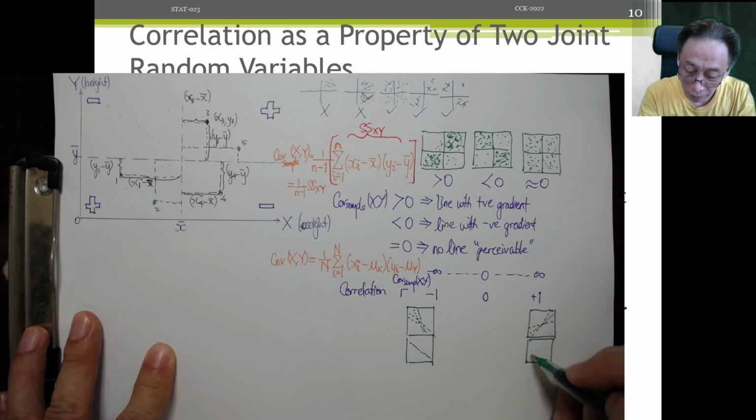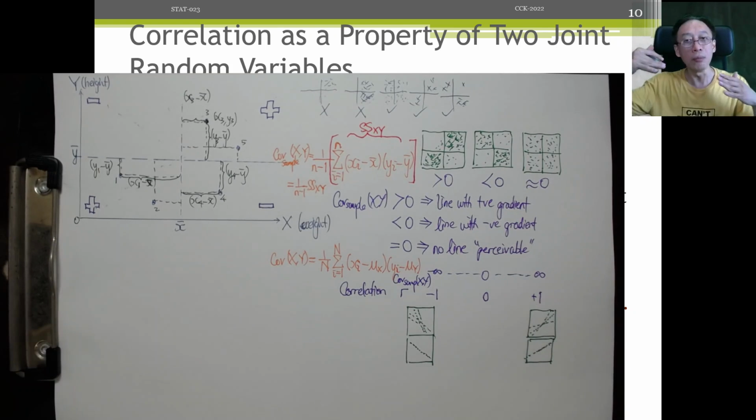It is on this gradient, so they are all perfectly on the line. Not necessarily equally spaced apart, they can be mostly concentrated in the middle, a few points here, a few points there. But when you look at it, it's perfect because it's perfectly +1. You cannot exceed +1, right? So when all the points, without deviation from that line, are exactly lined up that way, then it is +1.